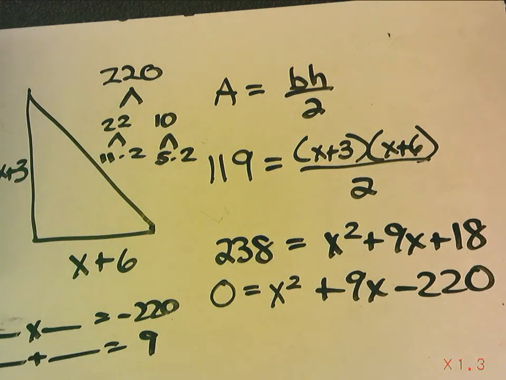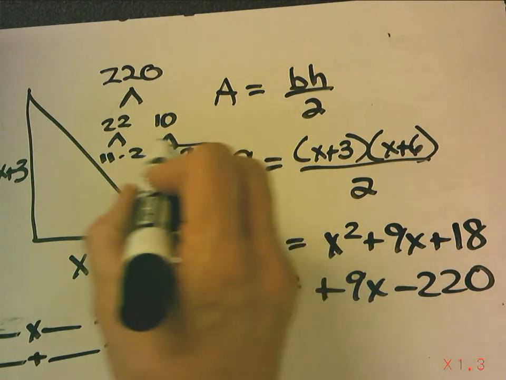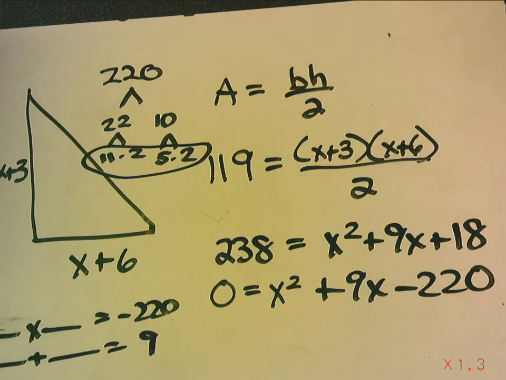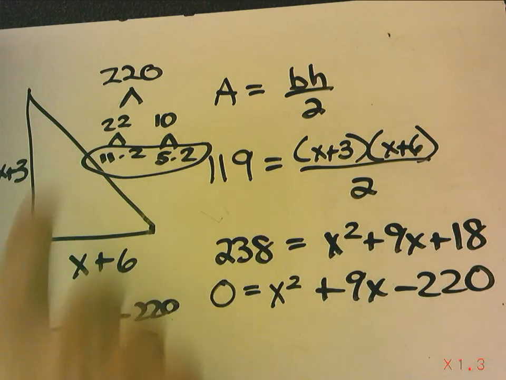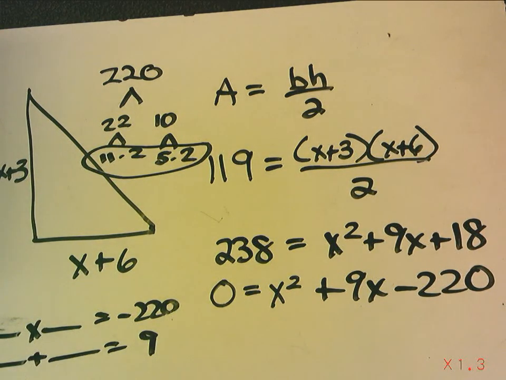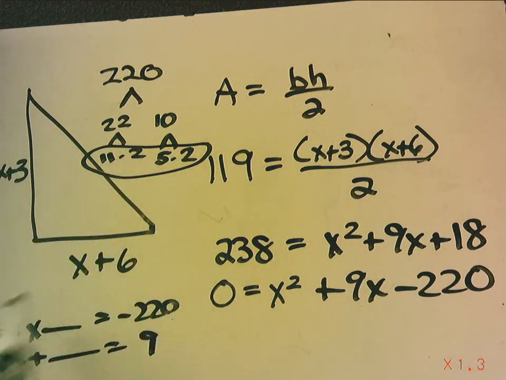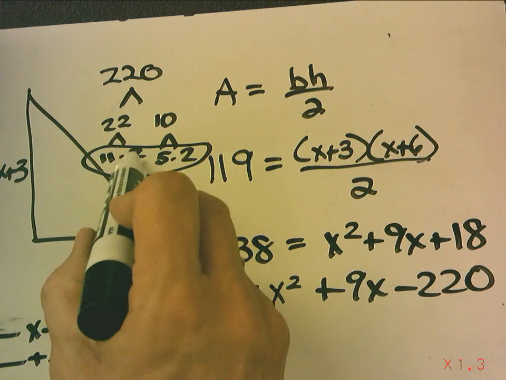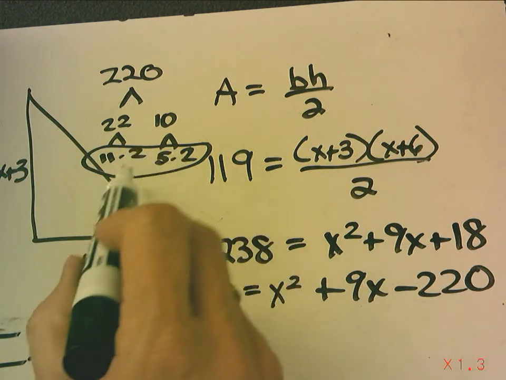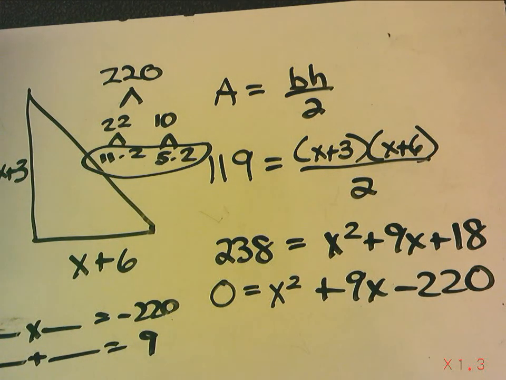So I know that I have to use these factors to create two numbers that when multiplied equal negative 220, but add up to 9. So I notice that I could do 5 times 2 is 10 times 2 is 20. So 11 times 20. And 11 times 20, the difference would be 9.